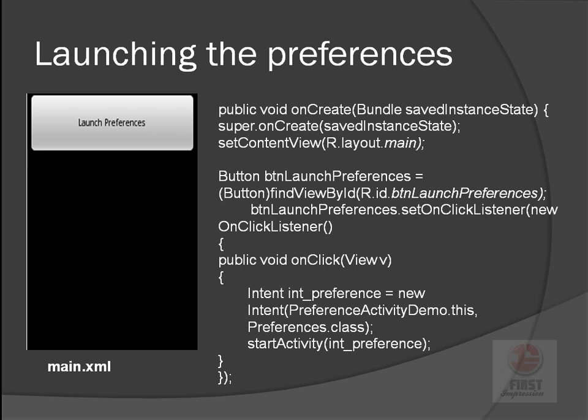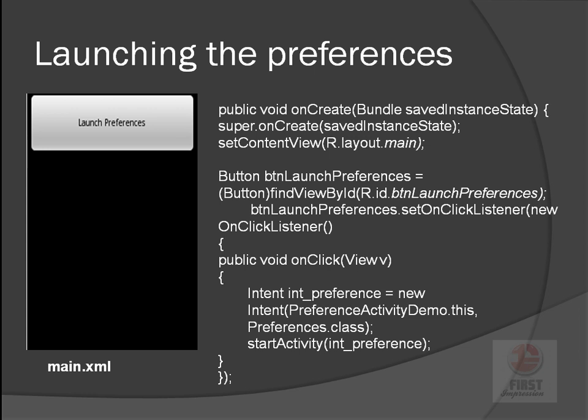Over here we have written the onCreate method. The onCreate method will be called whenever the activity is created. So suppose you click on launch preferences. After clicking on launch preferences, the preference activity will be called. Inside the preference activity, you set some preferences and you press the back button. As soon as you press the back button, the activity of preference will go out of focus and the main activity will come in focus.